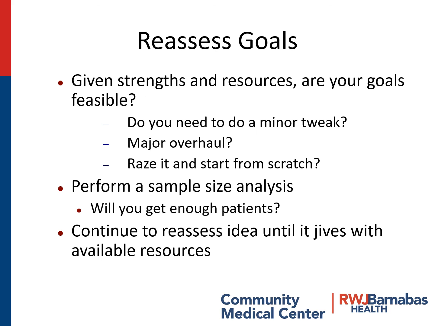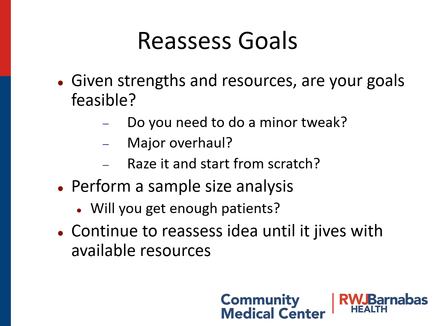Once you've looked at all your strengths and resources, you have to reassess your goals and figure out, can you actually do the research or not? If not, you may have to modify your plan or just think up a new plan from scratch. Then you'll have to perform a sample size analysis, and there are many sample size calculators. The most important part of a sample size analysis is the magnitude of effect you're looking for.